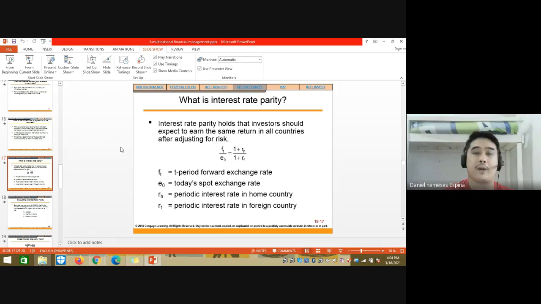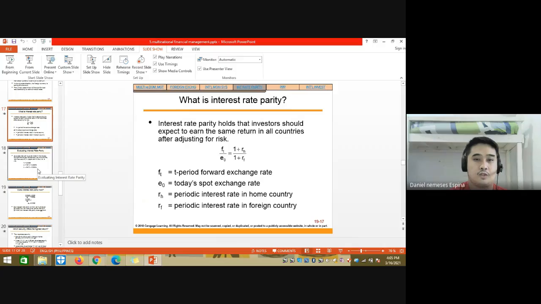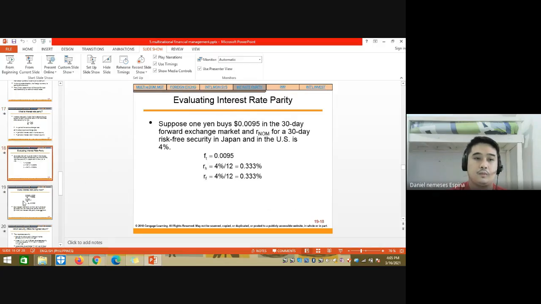We also discussed the interest rate parity. The interest rate parity holds that investors have the same return regardless of which country they are investing in, as long as it is adjusted for the risk. That risk is the interest rate risk.